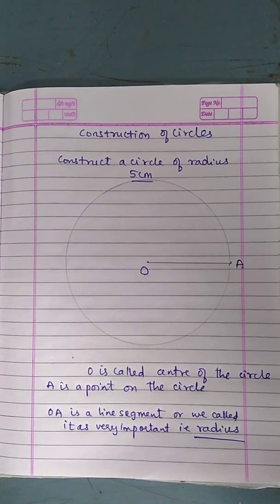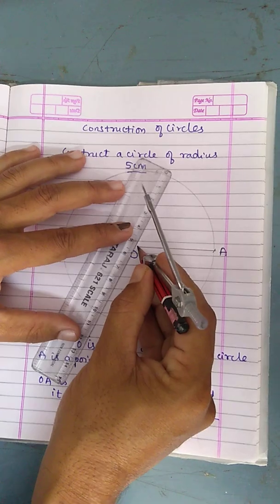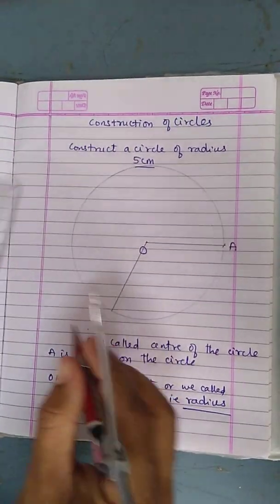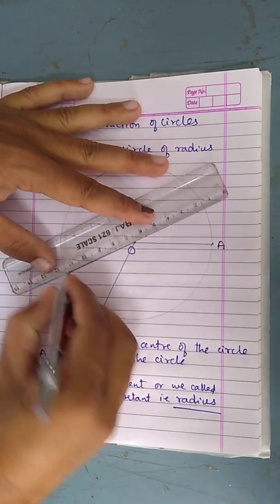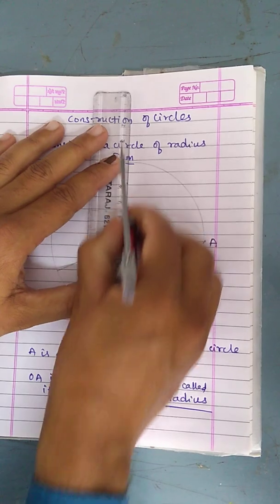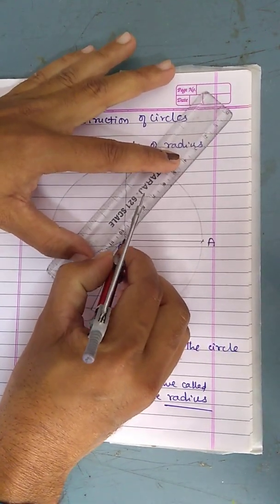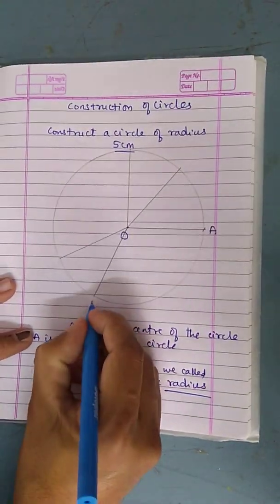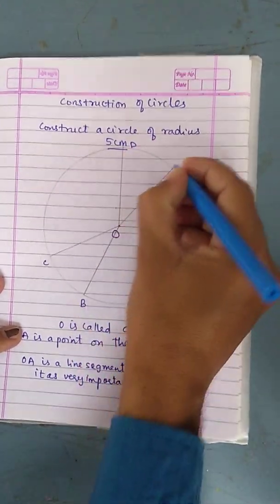Then any number of radii I can draw, children, from the center of the circle to another point on the circle. You can draw as many as you want, from the center to a point on the circle. I can name them OB, OC, OD, OE.